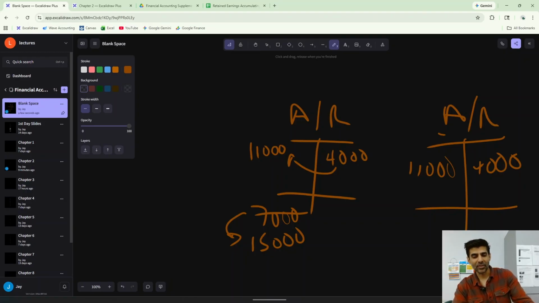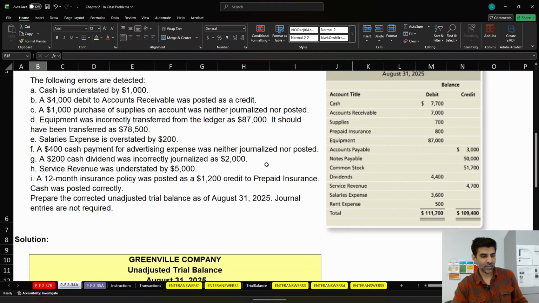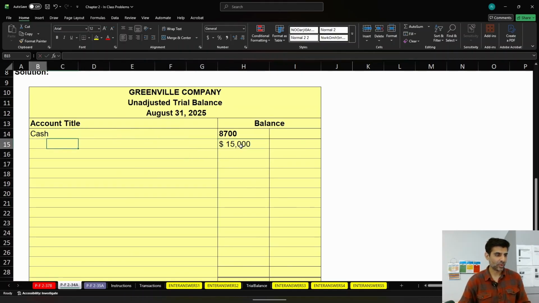But if this were the case, we would get to this $7,000 balance. So when you move it over, it just makes the math easier to see what happens. Everyone good with that? So we're going to double the mistake and add 8,000 to this, to get 15,000. So this is going to be 15,000 accounts receivable.